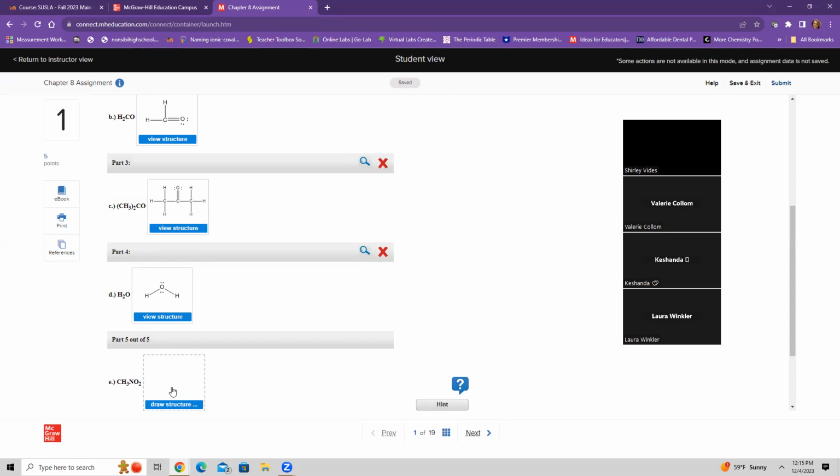CH3NO2. Okay, so CH3NO2 and O2CH3. That means that this nitrogen has triple bonds, 2 oxygens and 1 CH3. All right, so you want to look at the solution?